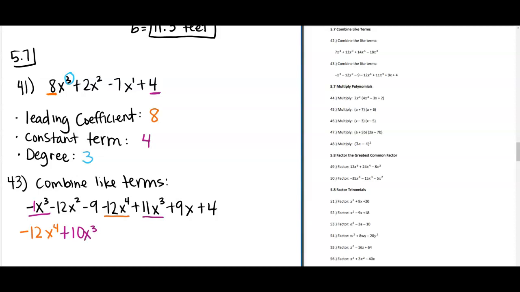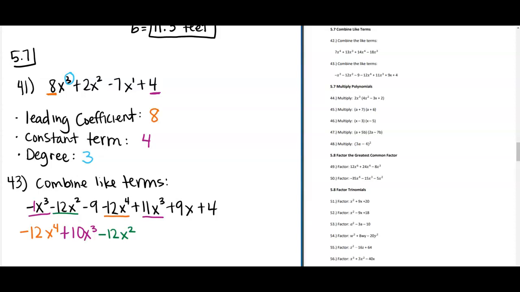All right, now let's go to the next exponent down, so that would be x squared. I've got a negative 12x squared, and there's no other x squared term here, so this is just part of our answer. So we'll have minus 12x to the second power. All right, let's keep going to the x terms now.